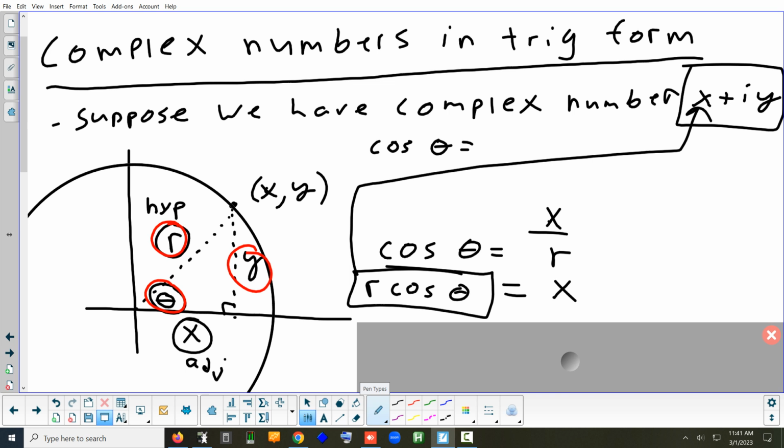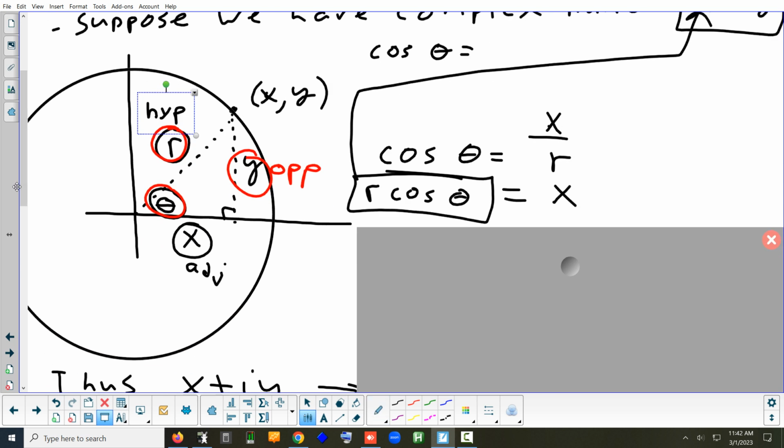Now let's do the same thing for Y. I want to somehow come up with an equation using trig that's going to get rid of my Y. What position is Y in? So now, what trig function involves opposite and hypotenuse? But why do you want to use hypotenuse? Because it's going to be the absolute value of my point, and it's something I can figure out.